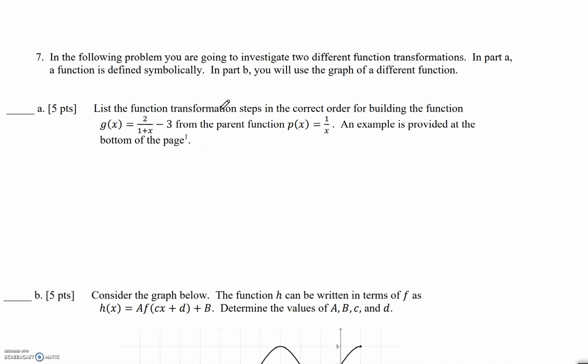So here we go. We're going to take the parent function 1 over x, and let's write out the steps. Let's make the appropriate list. We do horizontal translations first. Then we do horizontal and vertical stretches and shrinks.